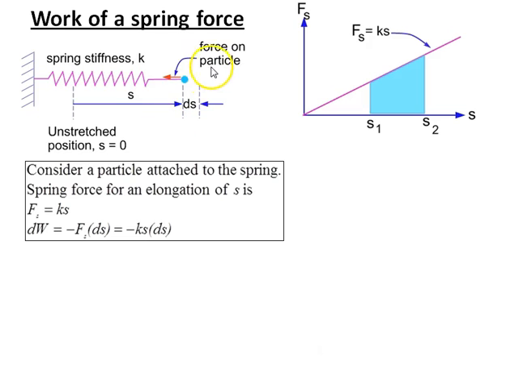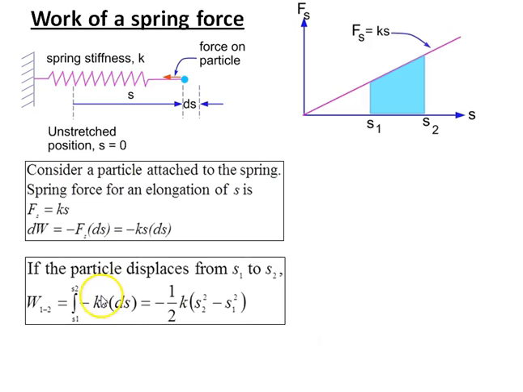We know that the force on the particle is ks because the spring is linear and the spring stiffness is k. So Fs, the spring force, is equal to ks. And because this F and ds are opposite to each other, the elemental work done is negative. That is the reason why you have a negative sign here: minus ks ds.